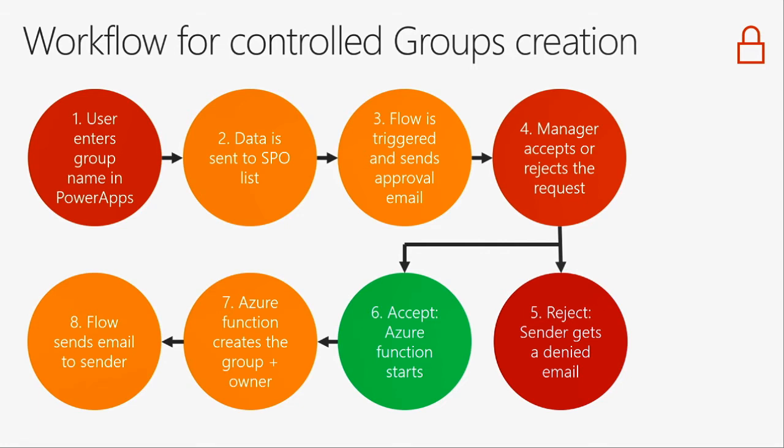And then the finalizing step is the flow stops with an email to the requester and sends your group is ready status back to that. And all of that is built in standard features with standard tools in Office 365 and in Azure.